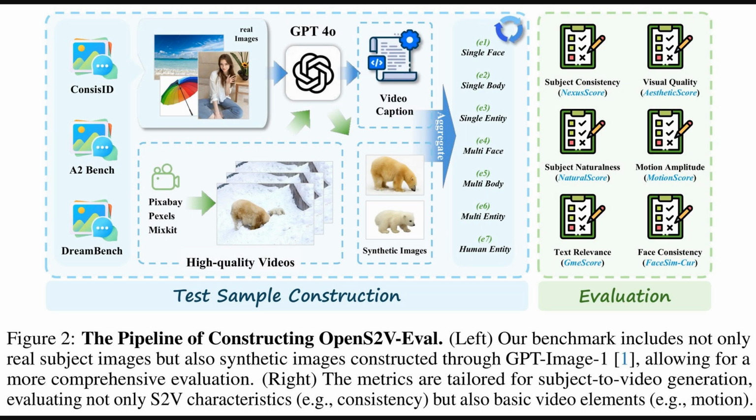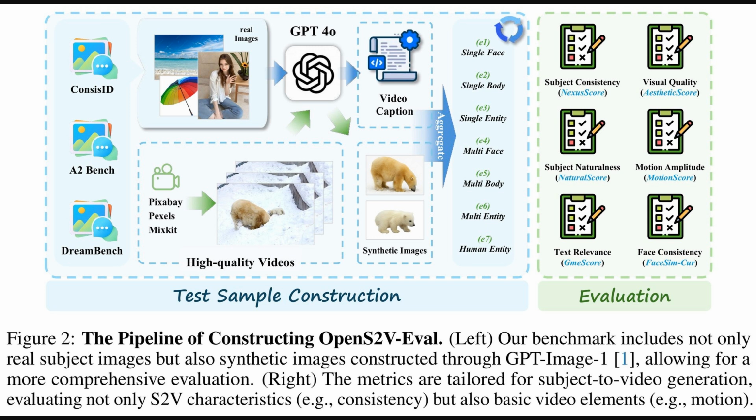Alright, so here gives us a look at the pipeline for actually constructing this OpenS2V-Eval benchmark. On the left, under test sample construction, we see that it uses both real images from existing benchmarks like ConsisID and DreamBench, and also synthetic images. These synthetic images are generated from high-quality videos, using tools like GPT-4o for video captioning, and then aggregated into those 7 categories we just saw, like single face or multi-entity.